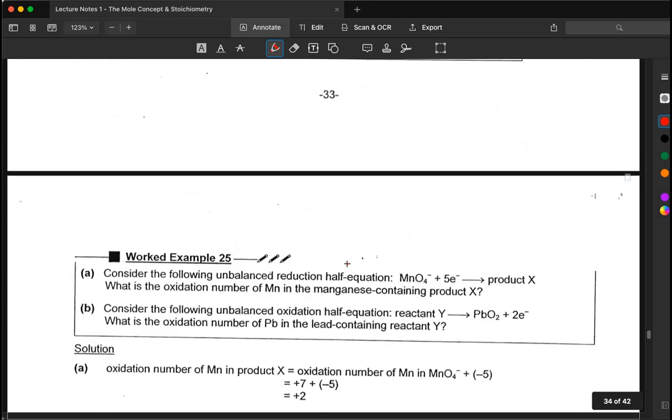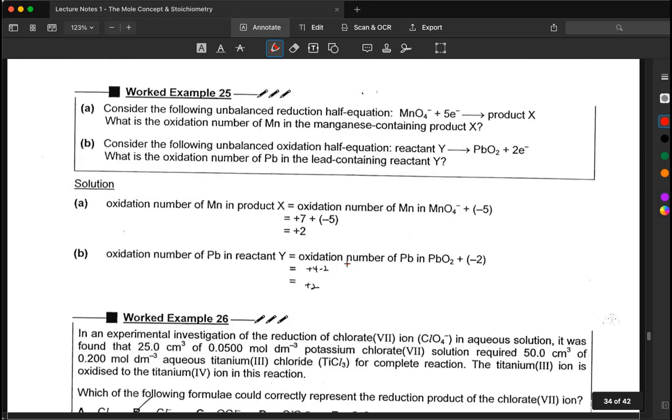So one example, you have this unbalanced reduction half equation. What is the oxidation number of the product? So you know this thing is +7, +5. So 7 minus 5 gives you +2.